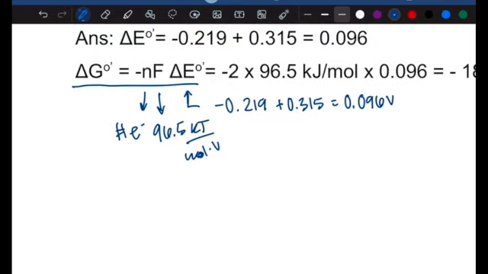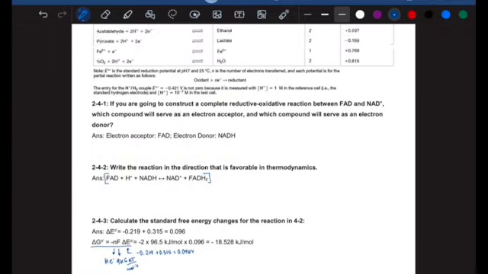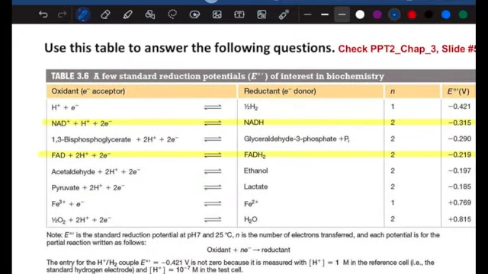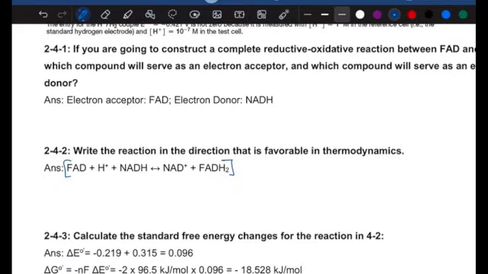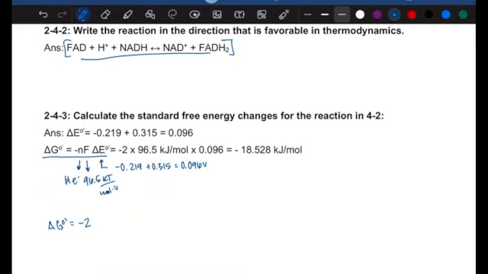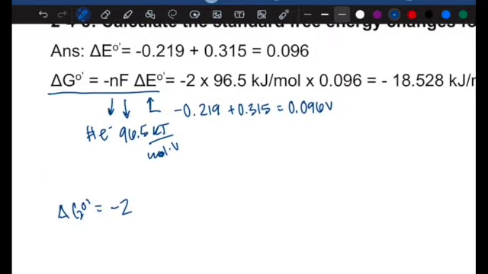So when we put that all together, delta G naught prime equals negative 2, and we get the negative 2 from up here. So when you flip this top equation, the 2 electrons will cancel out in our final equation as shown here, but there's still 2 electrons being exchanged, so n will equal 2.